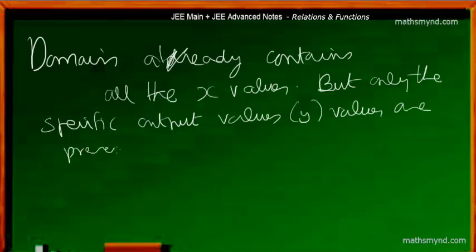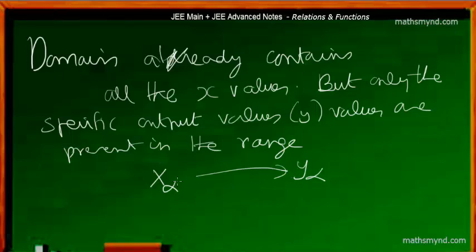It simply means that you have to input x to get y, or in this particular case you have to input x alpha to get y alpha. The domain already contains x alpha plus 1, but only if I input x alpha plus 1 will I get y alpha plus 1.